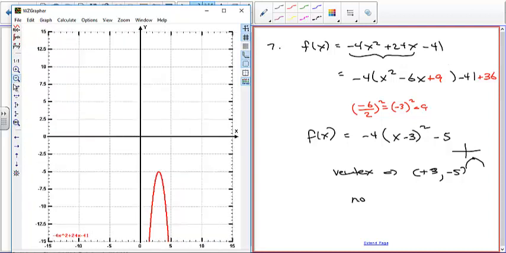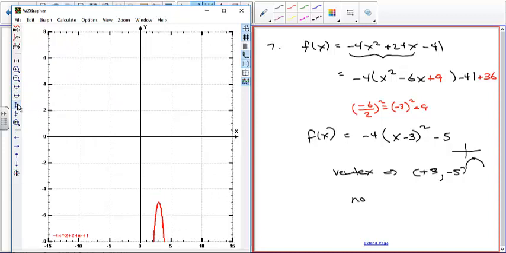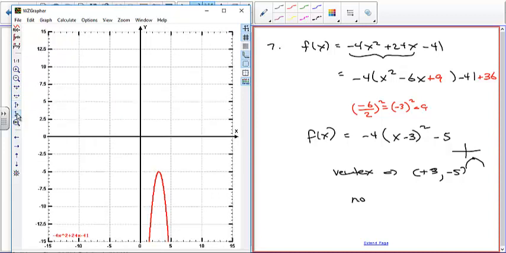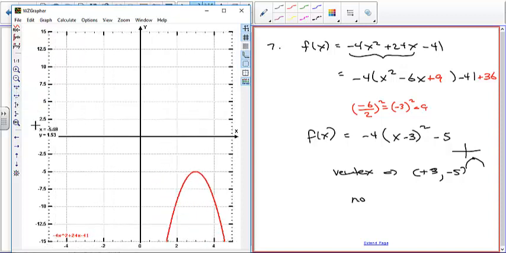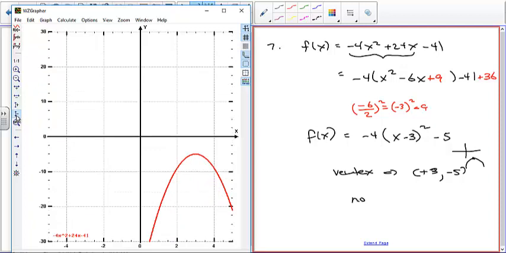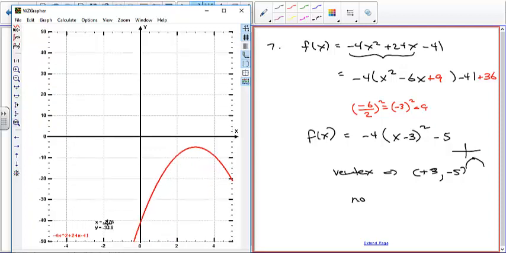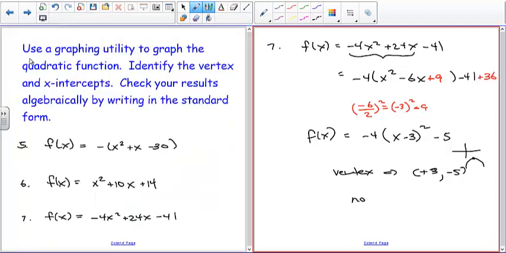I'm going to zoom out to get a little more detail. There we go. So we have this point and that point that agree. Excellent.